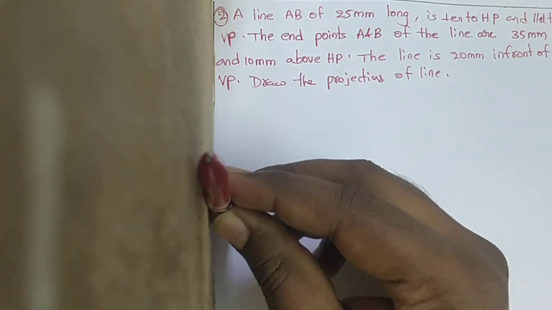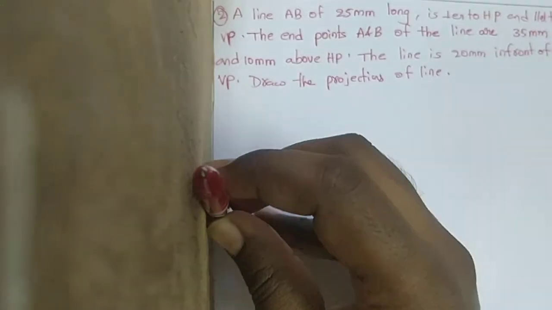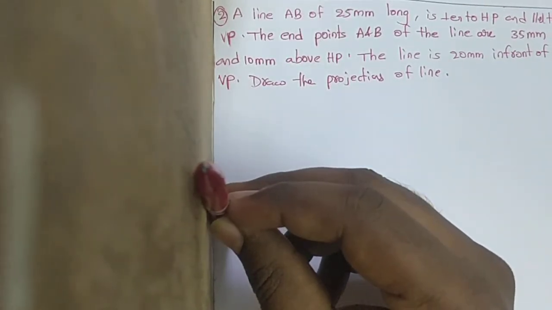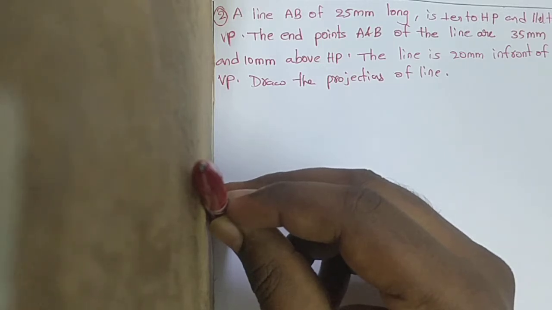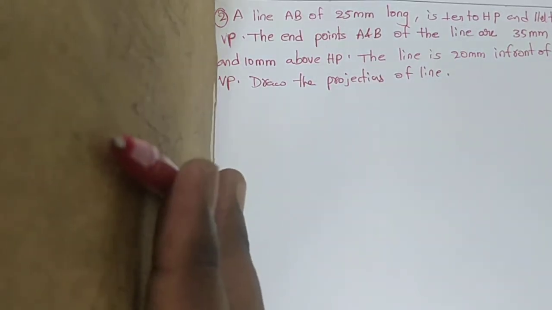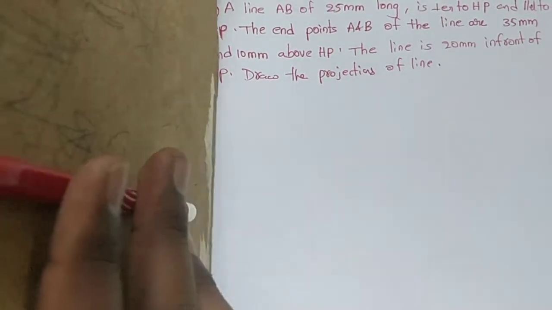Next, the endpoints A and B. Suppose the top one is point A and the bottom one is B. The point A is 35 mm above HP, and point B is 10 mm above HP.